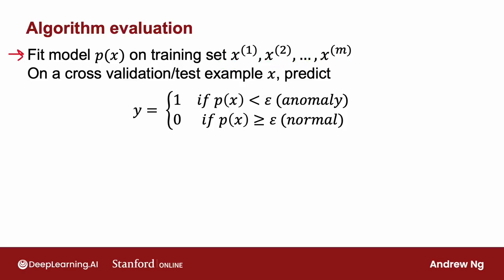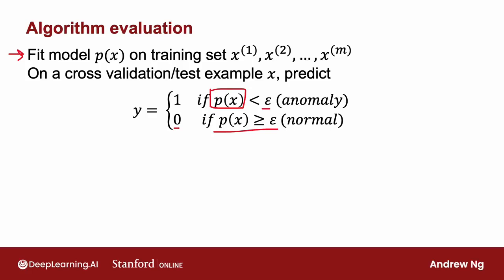Then on any cross-validation or test example x, you would compute p of x and you would predict y equals 1, that is anomalous, if p of x is less than epsilon, and you predict y is 0 if p of x is greater than or equal to epsilon. And so based on this, you can now look at how accurately this algorithm's predictions on the cross-validation or test set matches the labels y you have in the cross-validation or the test sets.